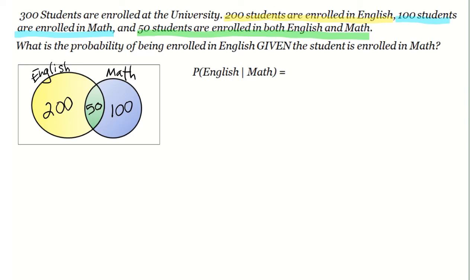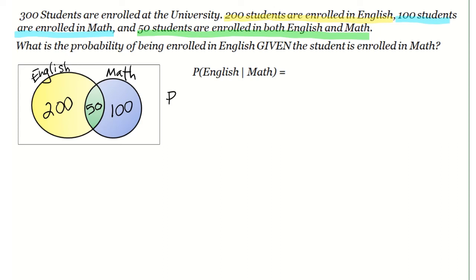So we want to know what is the probability of being enrolled in English given the student is enrolled in math. Before we solve that, let's just look at the probability of each of these events.